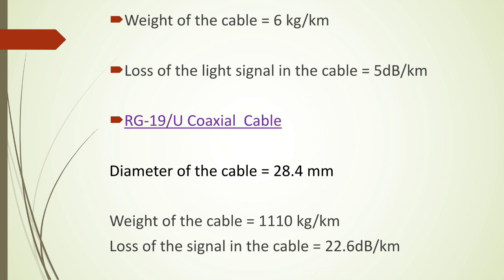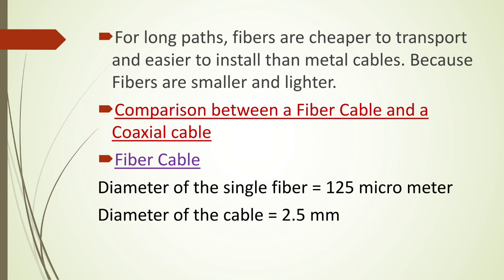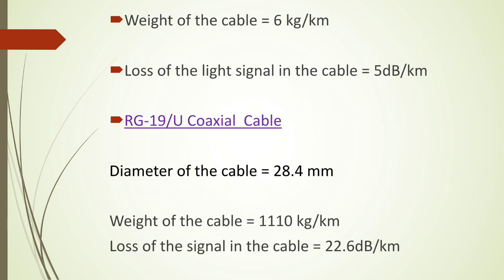So if we look at the previous slide, the overall diameter of the fiber cable was 2.5 millimeter only, and the diameter of this coaxial metallic cable is 28.4 millimeter. Very large as compared to the diameter of the fiber cable.